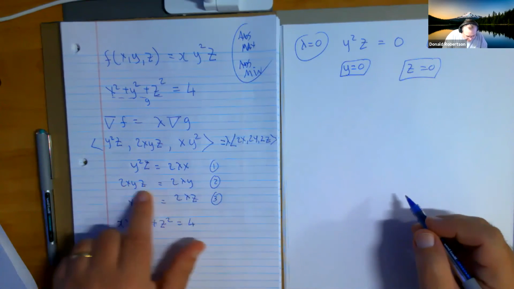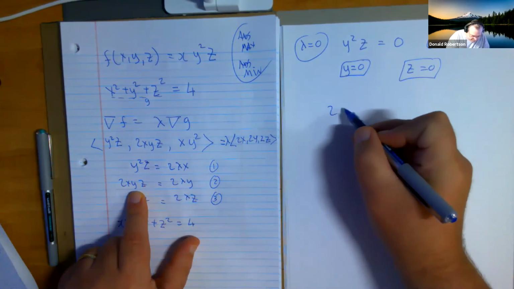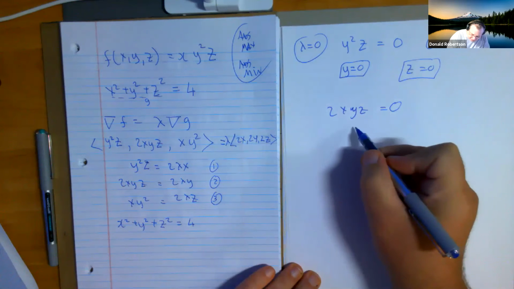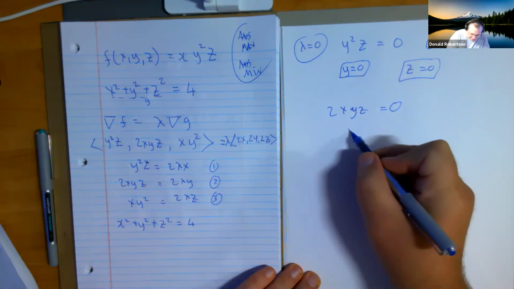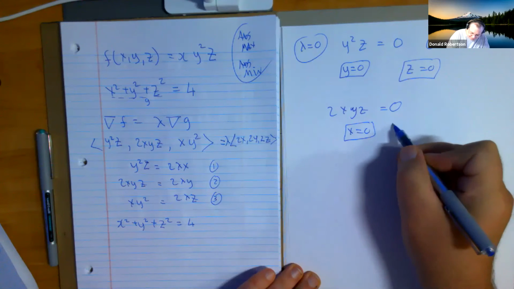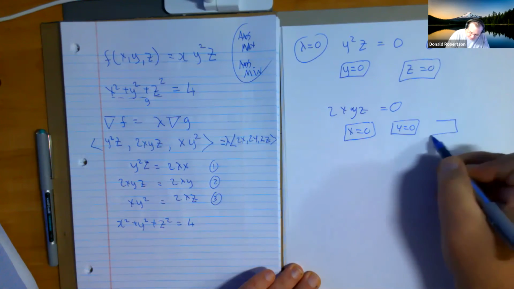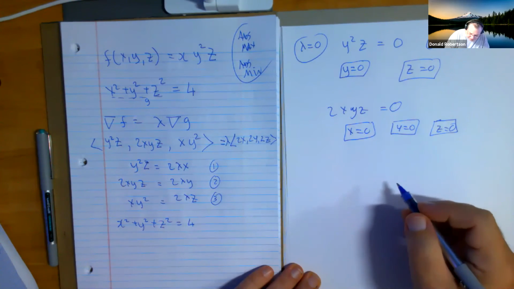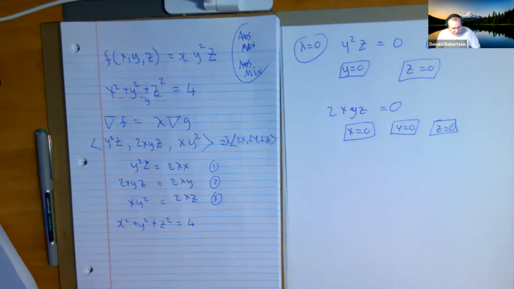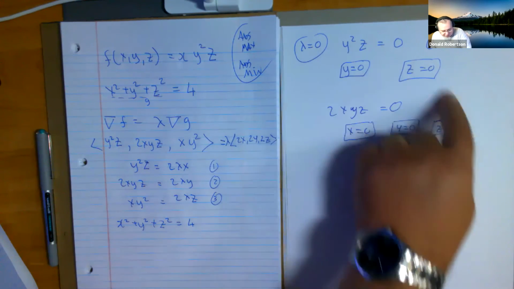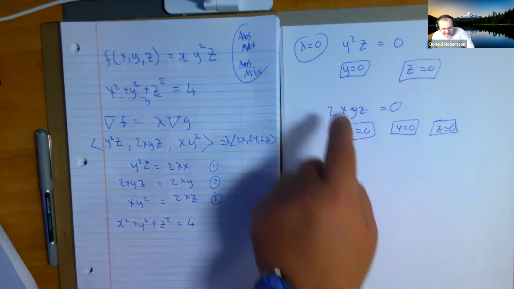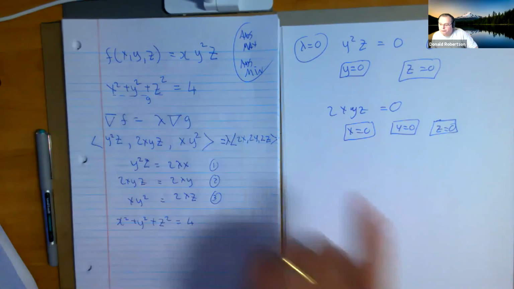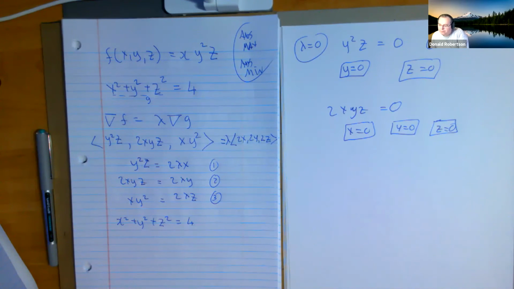If I plug it into the second one, don't we get 2xyz equals 0? And in this world, won't that happen when x is 0, when y is 0, and when z is 0? And if I plug it into the third one, I really just get x, y, and z. So when we're looking at these questions here, aren't we essentially looking at if lambda equals 0, at least one or more of those variables needs to be 0 at the same time?